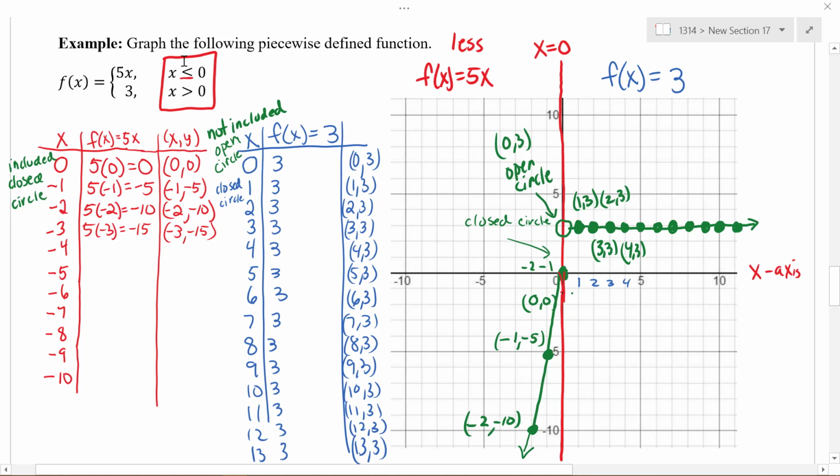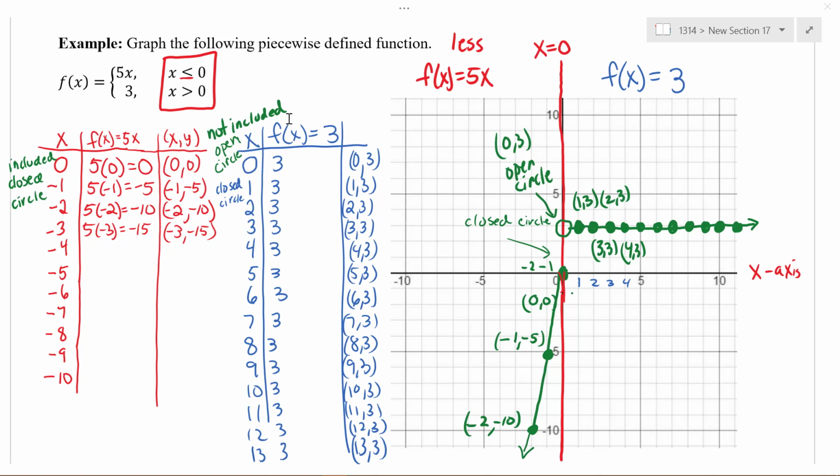Okay, so the takeaway here is we're going to make tables for each equation. In both tables, we're going to include that cutoff value, that number that's mentioned in both restrictions. In one of the tables, that cutoff x value will be included, so we'll plot that as a closed filled-in circle.